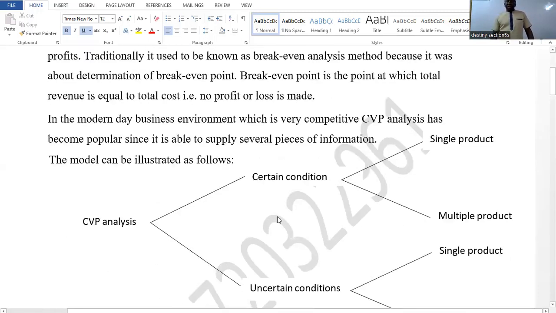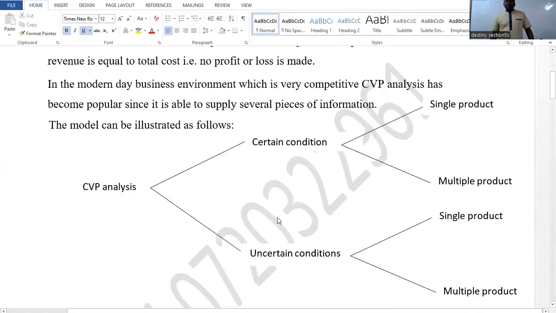Now, CVP is divided into 4 areas. As you can see, we are first of all dividing in terms of the conditions, certain conditions and uncertain conditions. Certain conditions are conditions where we are sure that this will happen or this will not happen. And uncertain is when we are not sure.